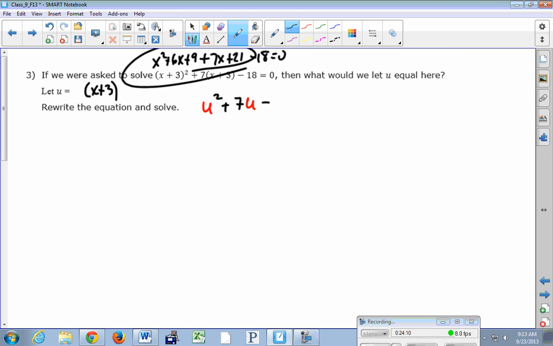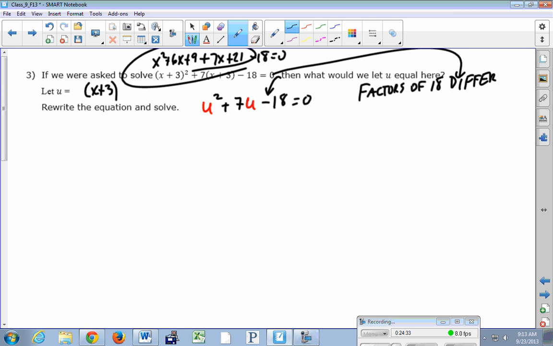Minus 18 equals 0. Now looking at that, you say, can I factor that easily? Are there factors of 18, and I always use the operation in front to become my action, my verb, that differ by 7? Well, let's see, factors of 18 that differ by 7.